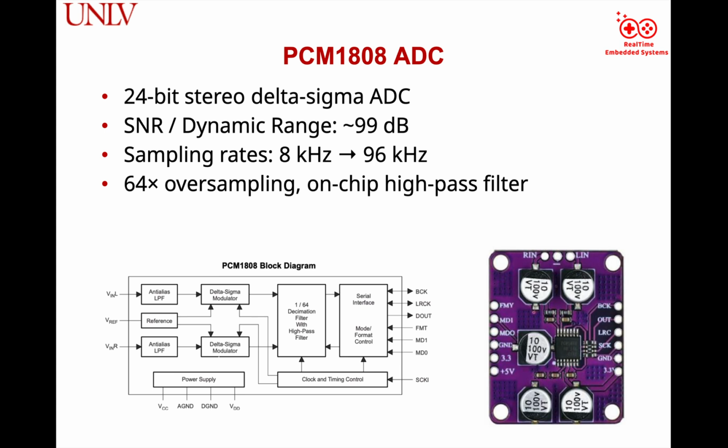We need to use a converter, an ADC, analog-to-digital converter. So I decided to use the PCM1808 module, which is easy and simple. The PCM1808 ADC provides 24-bit stereo conversion with 99 decibel dynamic range.